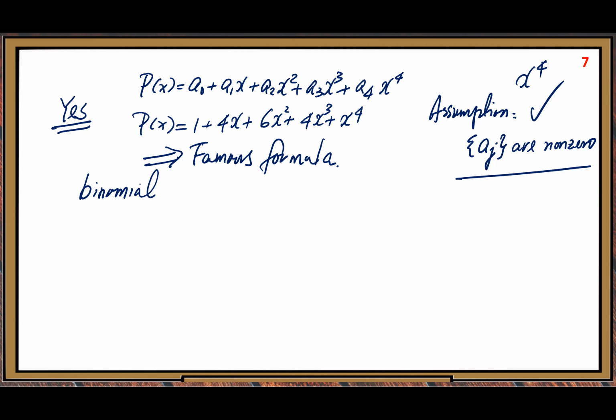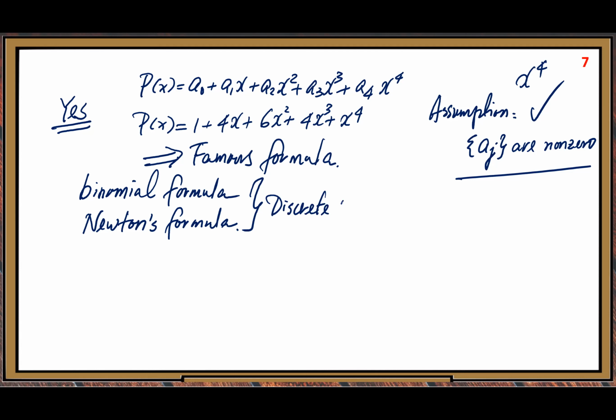Another is called Newton's formula. This knowledge belongs to your discrete math, a topic in your discrete math. So you can find the binomial formula, Newton's formula, which is this.